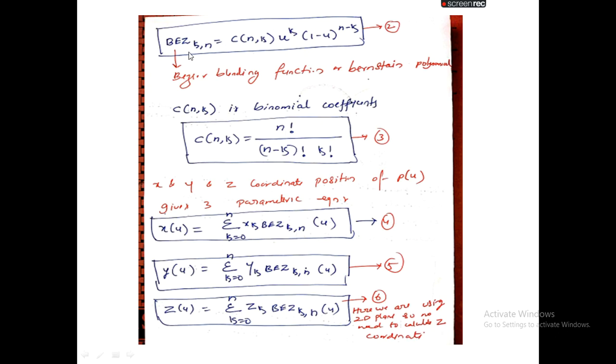The Bezier polynomial, or Bezier blending function, is given as C of n comma k, u power k, into 1 minus u power n minus k. This is the equation for the blending function, and C of n, k is a binomial coefficient.